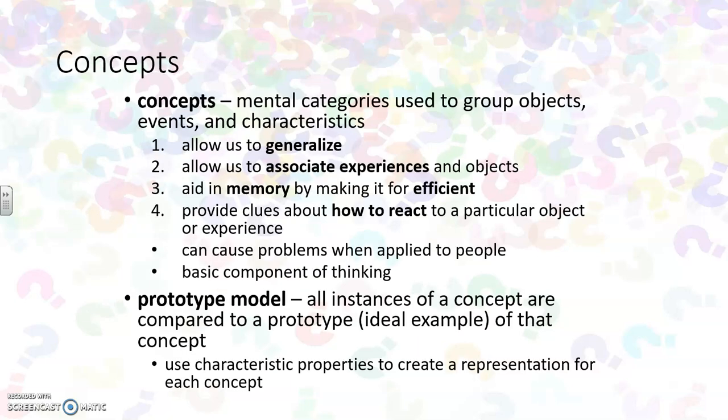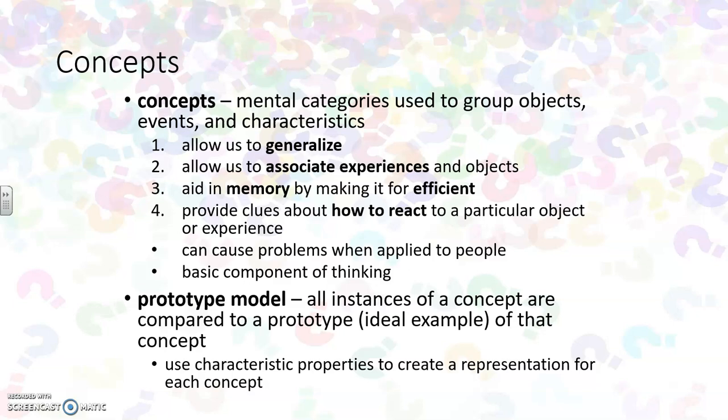So our main concepts are, again, ways we group things, and it allows us to be very general, allows us to associate different experiences and objects, helps with memory, and it actually improves it. And it provides clues about how to react to another object or experience in the future.